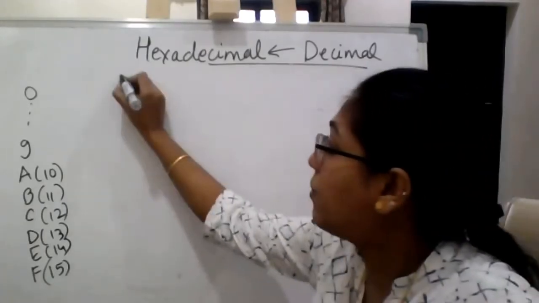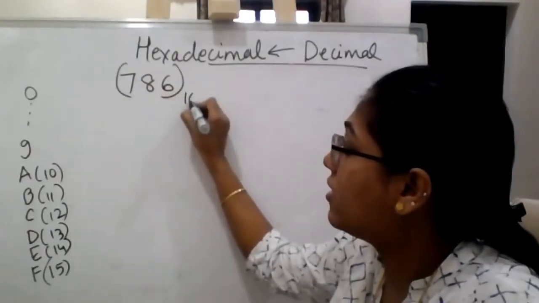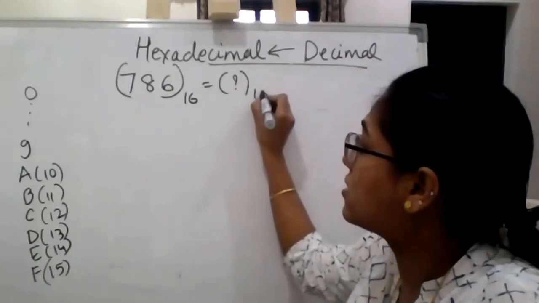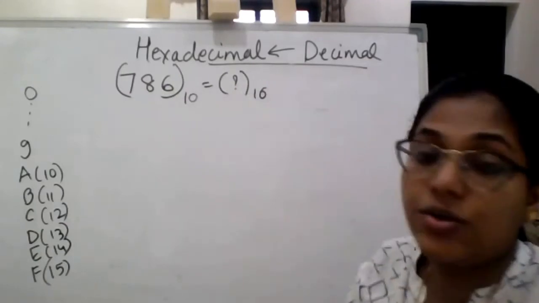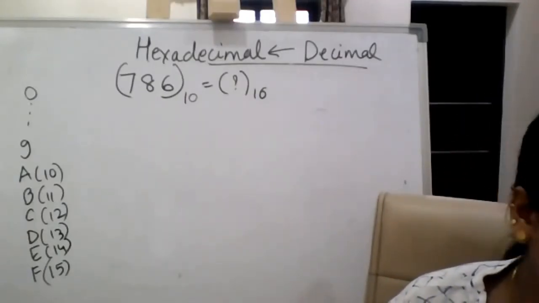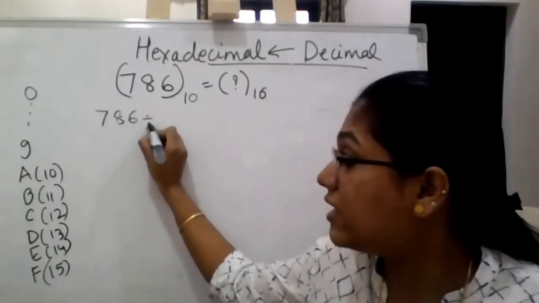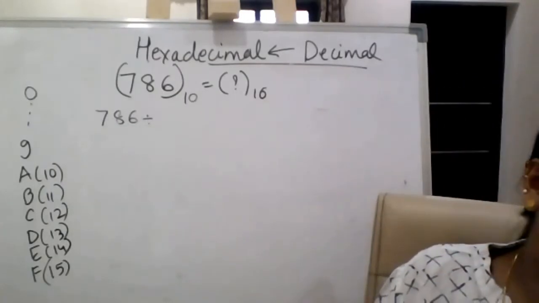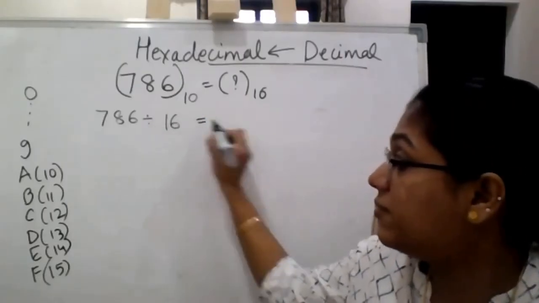I'm going to take the example 786 in decimal. Convert to hexadecimal. Okay, can we start solving? Start. 786. It is hexadecimal, therefore you have to keep dividing by 16.